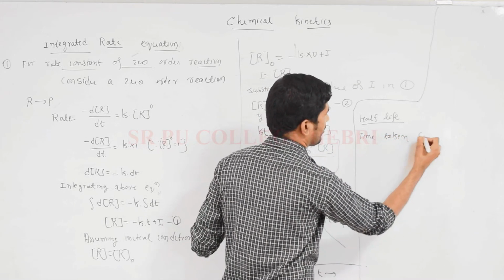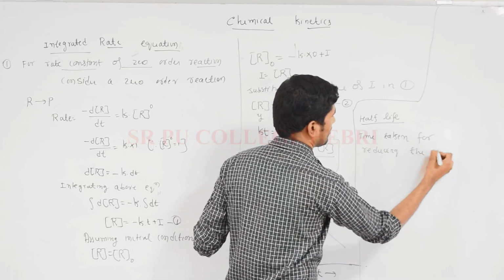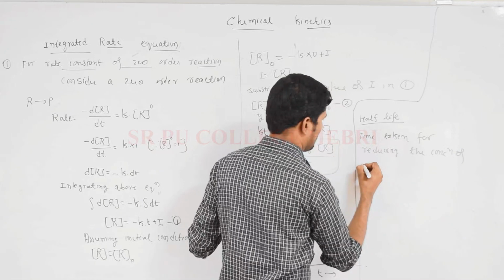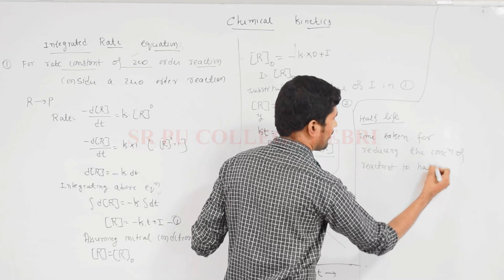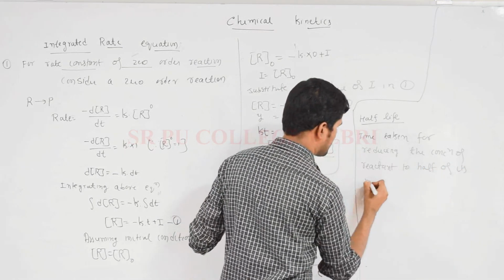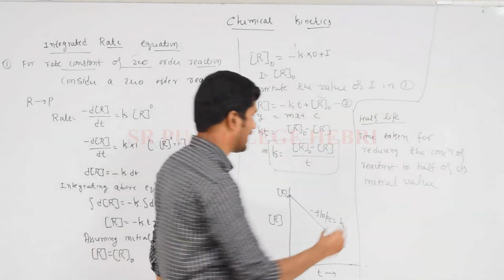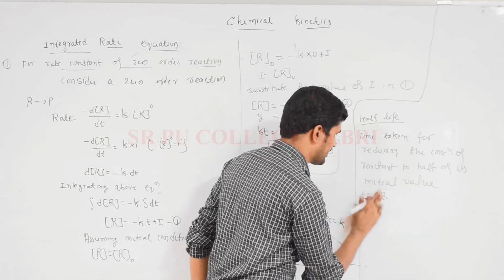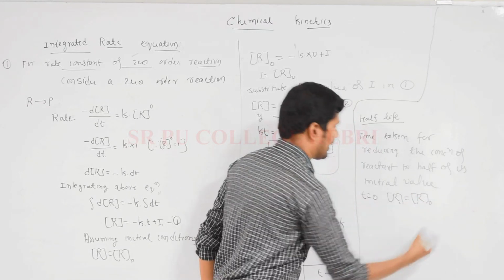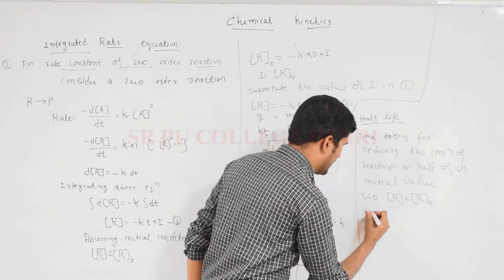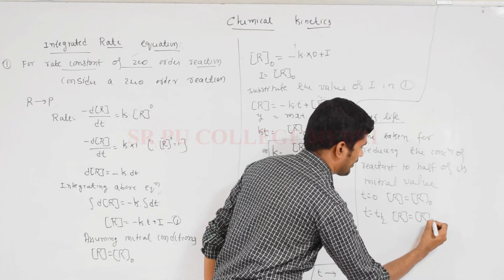It's the time taken for reducing the concentration of the reactant to half of its initial value. If at time t equal to 0 the concentration R is equal to R naught, then after the half-life period, when time t becomes equal to t half, R becomes equal to R naught divided by 2.